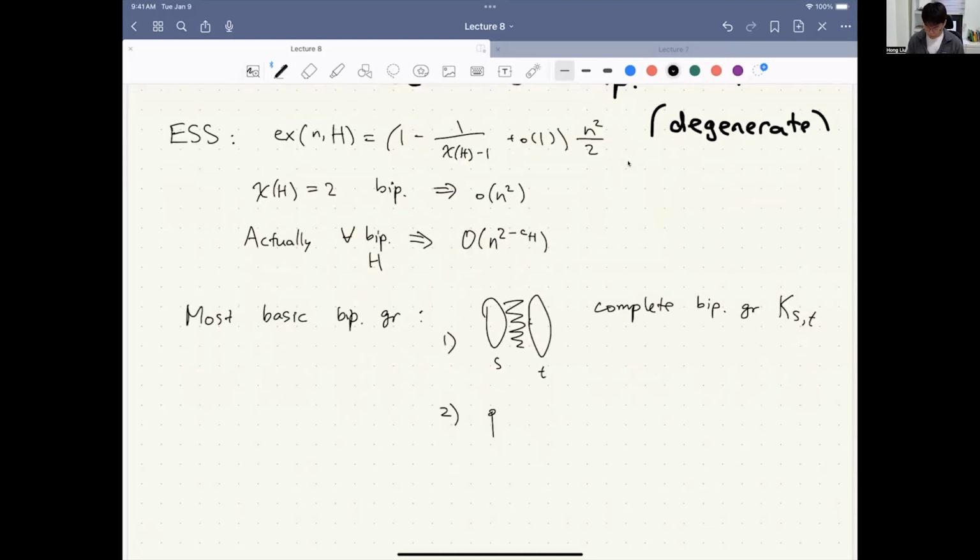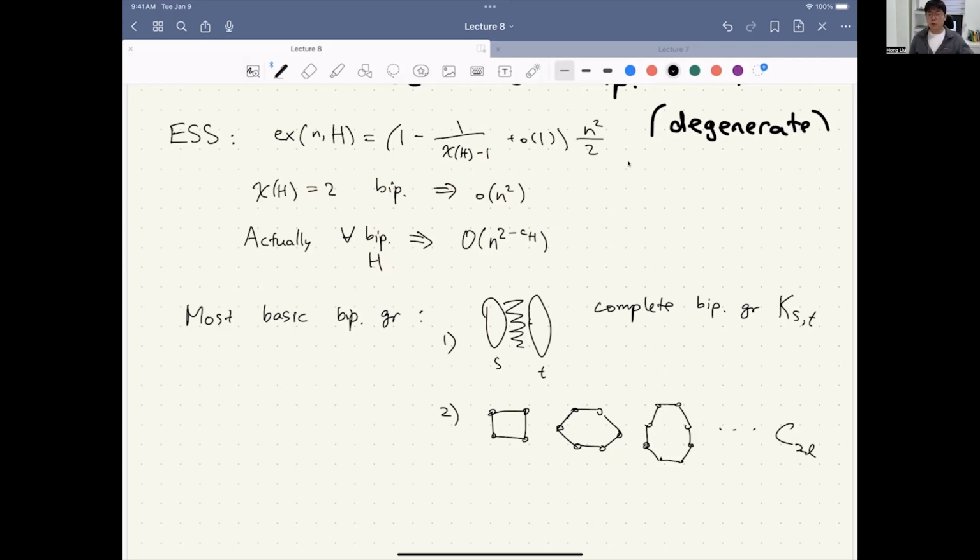So we have the 4-cycle, 6-cycle, 8-cycle, and so on and so forth. We will use C_{2l} to denote the even cycle, where 2l is both the number of vertices and the number of edges.